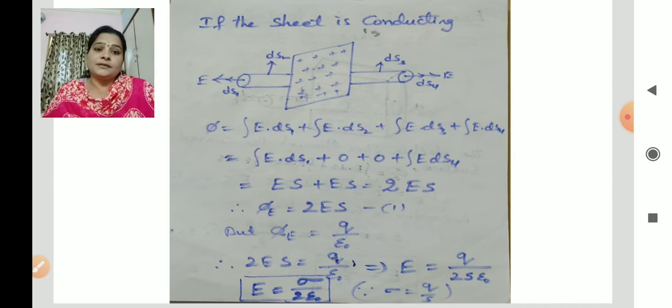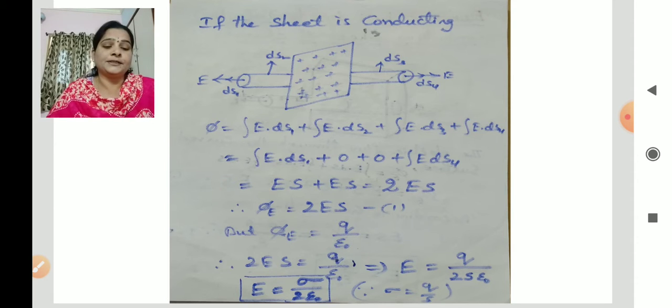Therefore the electric flux there will be E ds1, and at the extreme right it is E ds4, both acting in the same direction, so the integration of E ds4. On the curved surface, the areas on the extreme left I have shown as ds2, and on the extreme right as ds3.